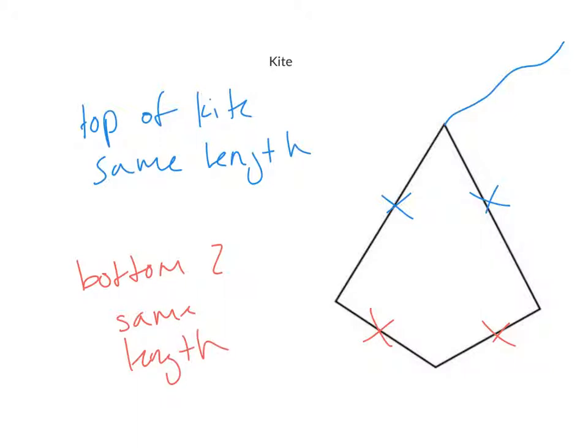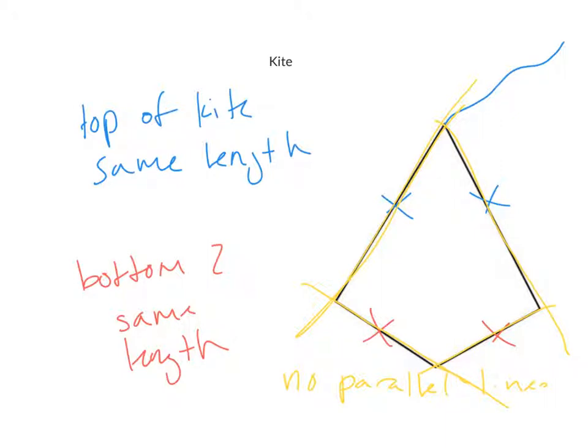The thing about a kite is there are no parallel lines. Every single one of these lines is going to cross at some point. Those two cross, that one and this one are eventually going to cross. Those two, they're just always going to cross. There's no pairs of parallel lines in a kite.